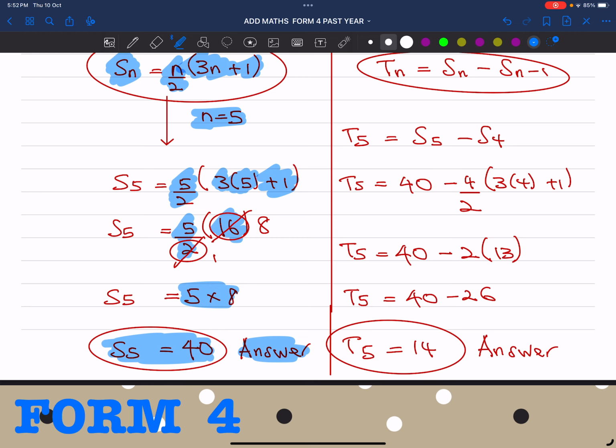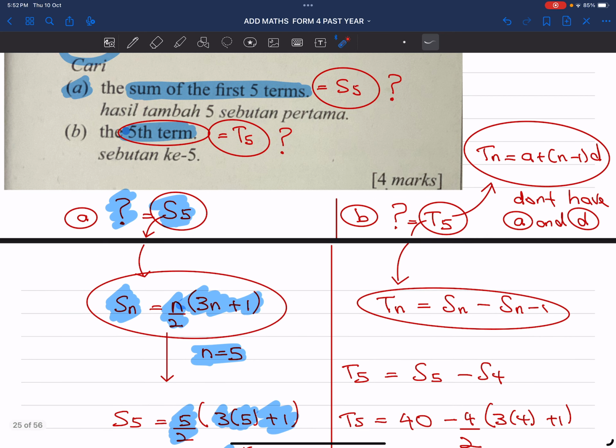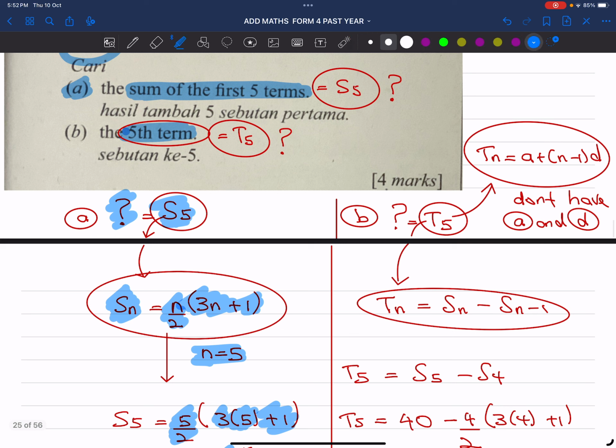Second part, find the fifth term, T5. Again, we start from what they are asking. They are asking T5, so we must use the formula for Tn. But for Tn, we have two formulas.